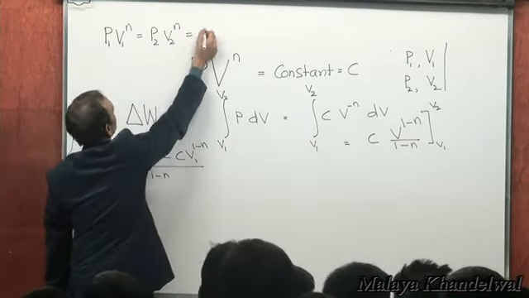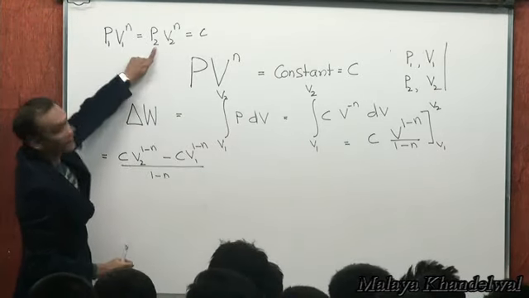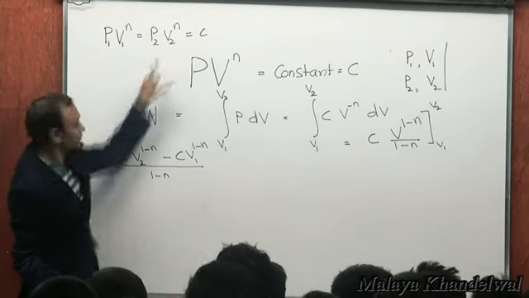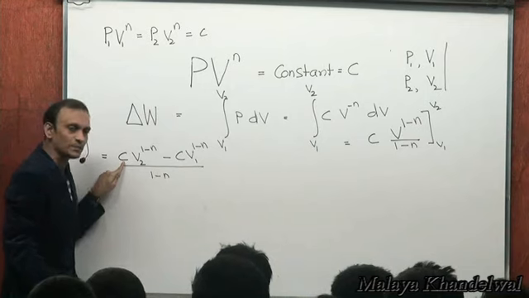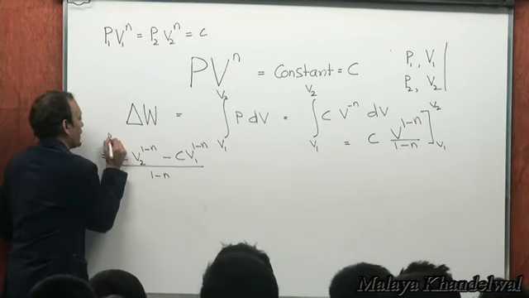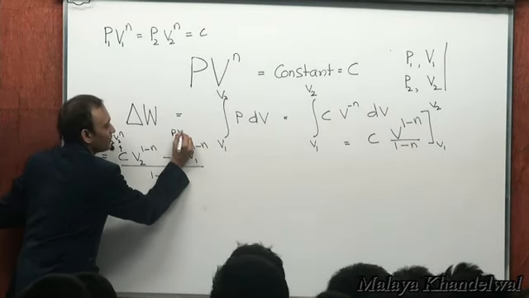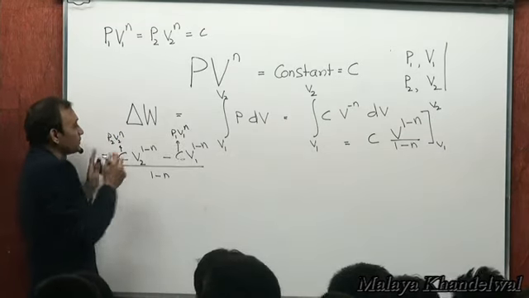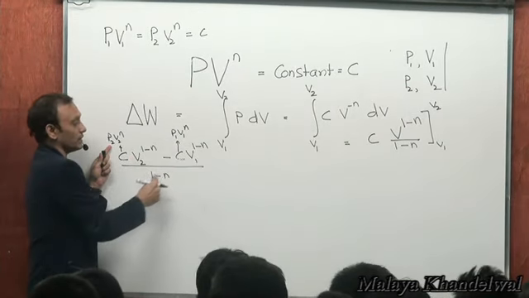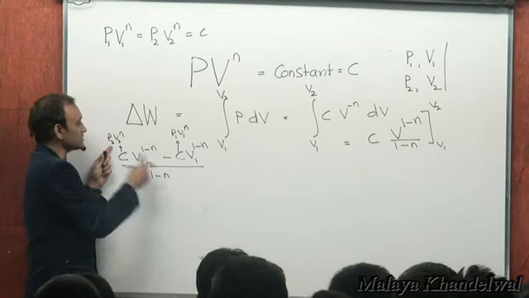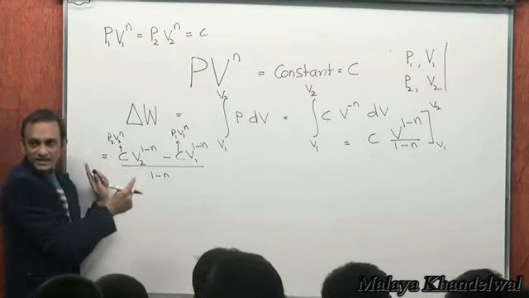Each will be equal to C. So what I could do is, this C here, I can write as P2 V2 to power n, whereas this C is replaced by P1 V1 to power n. Then what I end up getting is P2 V2 minus P1 V1 divided by 1 minus n, yes or no?